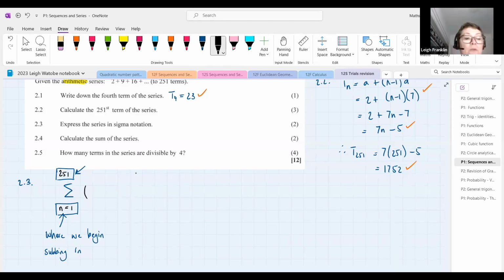Okay, the nth term of the series. So we know that it is 7n minus 5. Okay, so here there would be a mark on having n equals 1 and the 251, and then putting your sigma symbol with the brackets containing your rule next to it. Okay, cool beans. Everybody good with that?